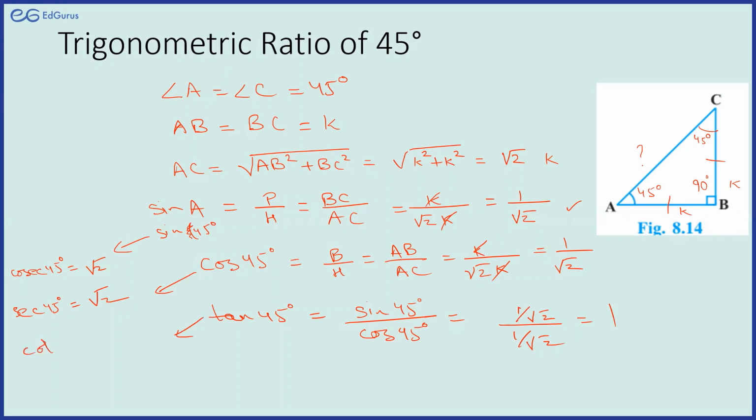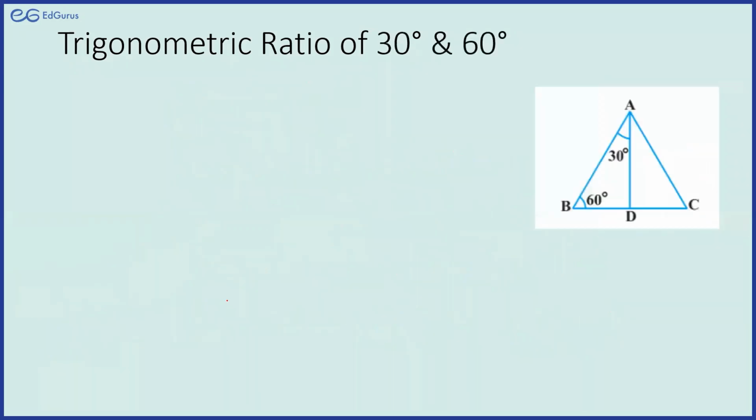And cot of 45 degree is the reciprocal of tan, so that is 1. Although you will memorize only the results, it's good to know how we are getting these results. Okay, so let's move forward.